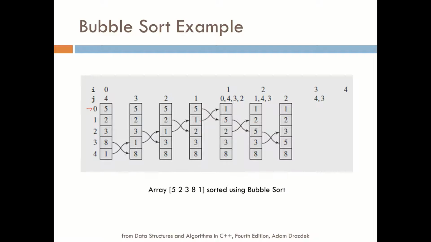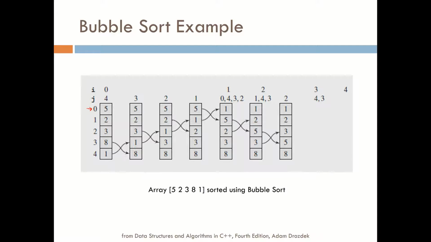And then finally, we compare the 1 and the 5. The 1 is less than the 5, and we make the swap. And so what we've done up until this point is actually position the element at location 0. So when we get here, we have positioned the element at location 0.